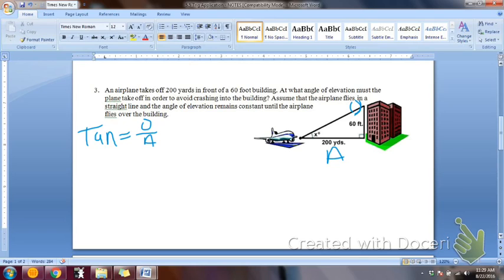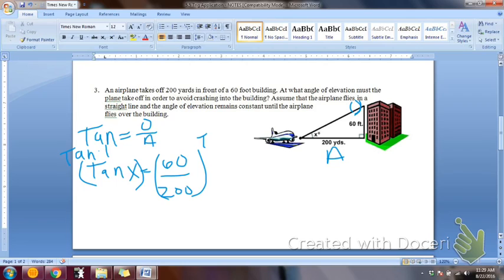Go ahead, as Tish is filling it in, you fill it in as well. Okay, if x is our angle, Tish, what are you doing? If x is the angle, what are you doing here? Inverse, right?